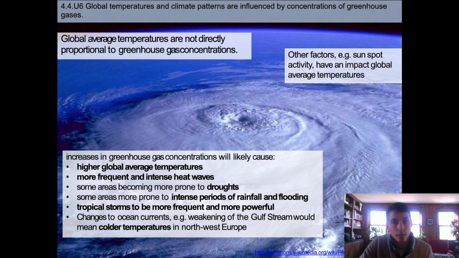So things like sunspot activity, so the amount of energy coming in from the sun, things like volcanic activity, all of these things can impact average temperatures. But because we know carbon dioxide's role as a greenhouse gas, and because we know that greenhouse gas emissions cause increased temperatures, we can infer then that in general, the big thing that is changing over time is not sunspots.